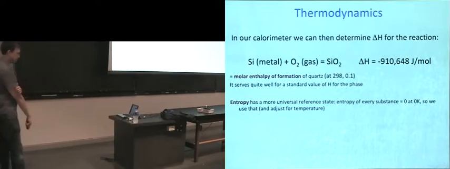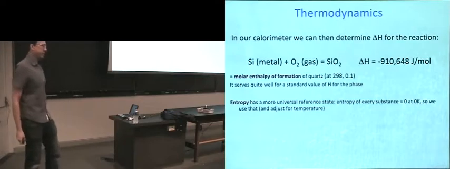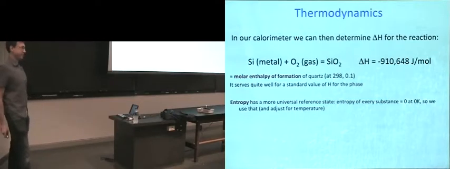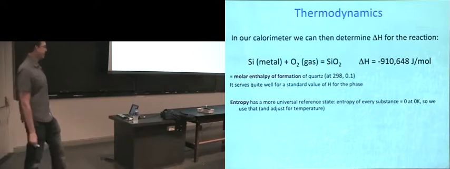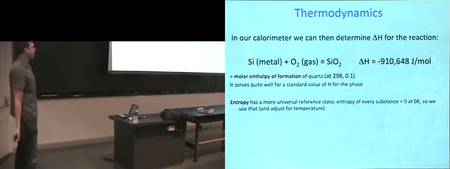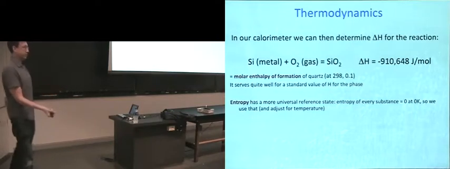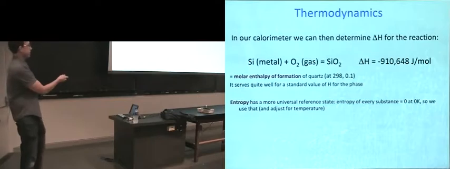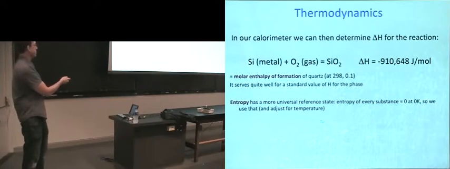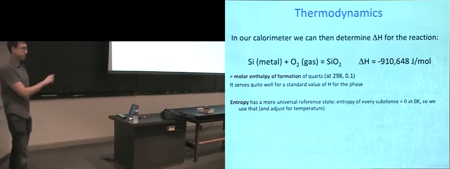Entropy, people ultimately like to reference this stuff to entropy. I've tried to take this out because it's weird and non-intuitive and it doesn't make any sense unless you make these models, but I can't guarantee that I'll be able to do that for every talk. So people like to reference stuff to entropy rather than temperature. And basically, the entropy of every substance is 0 at 0 Kelvin. So people use that and basically just make an adjustment for the temperature.